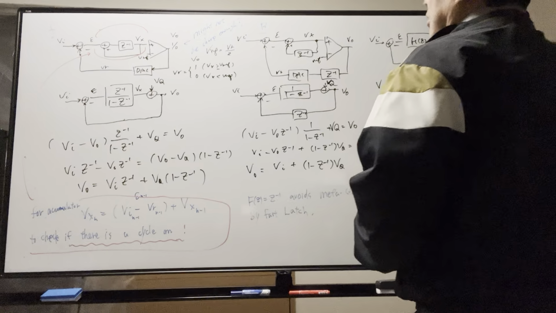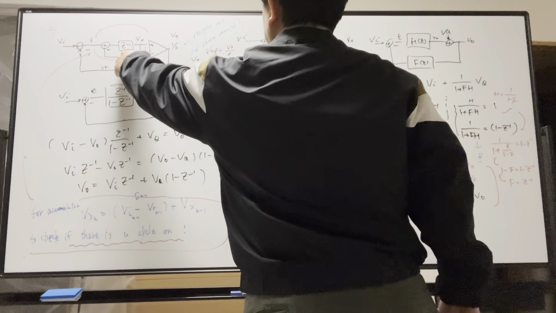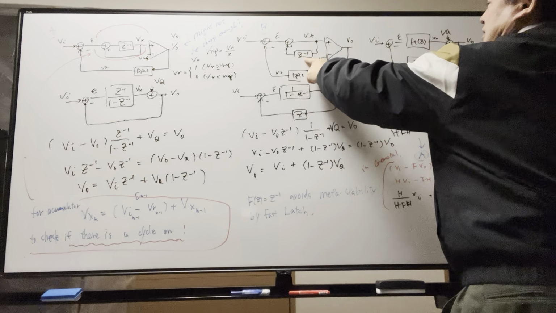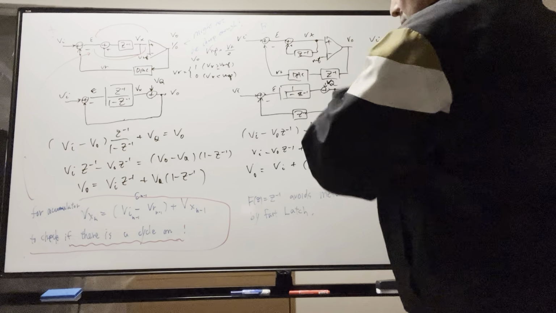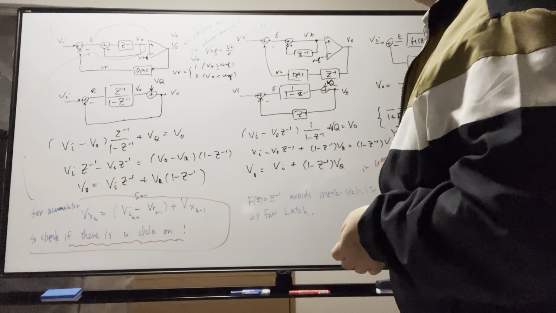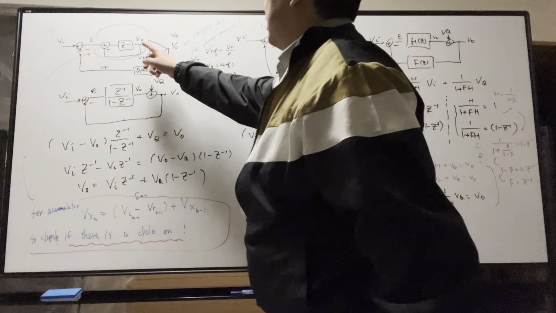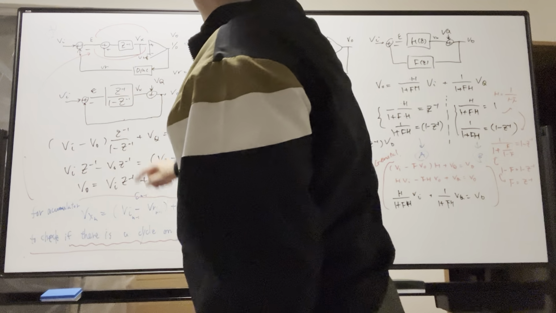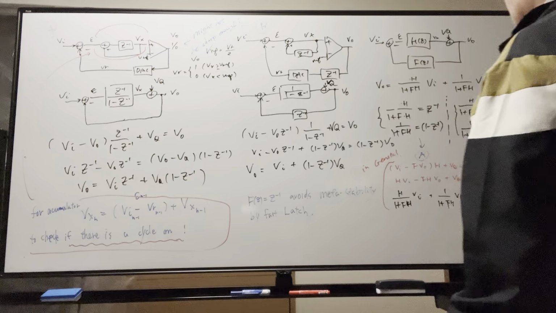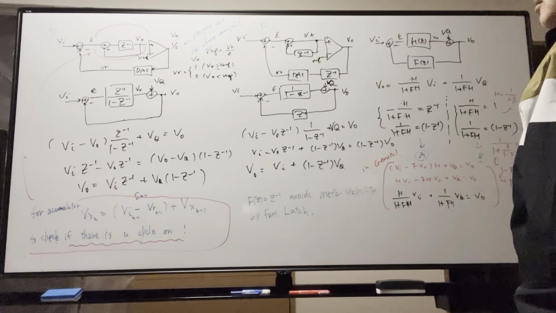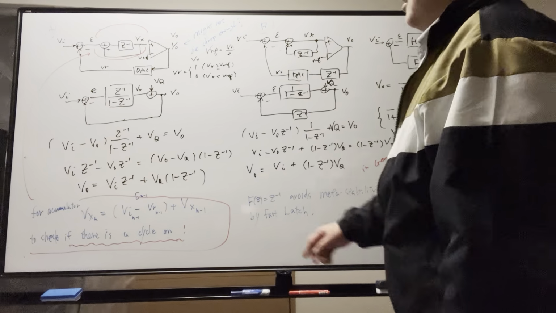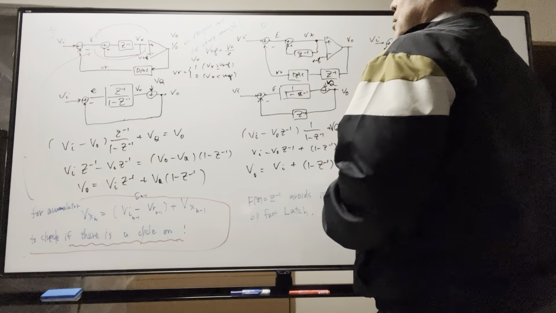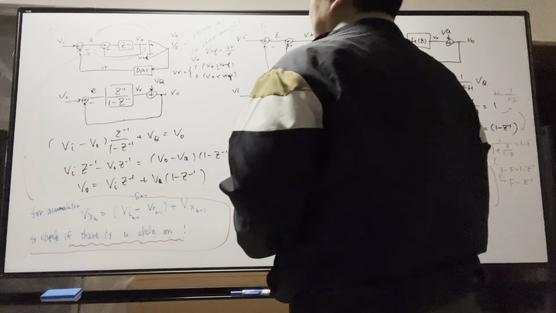And the key point is a delayed integrator or a non-delayed integrator. The delayed integrator is z to the -1 divided by 1 minus z to the -1. You can derive this transfer function in Z space, the frequency domain of the Z space.